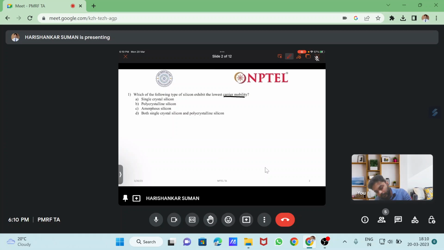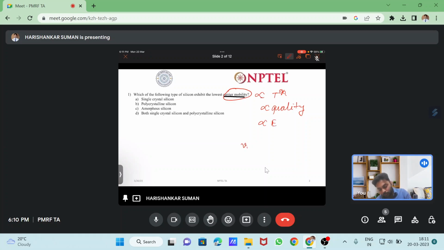Amorphous. Carrier mobility, please think like that. Mobility depends on what parameters? Temperature, doping, and material quality. Applied electric field.